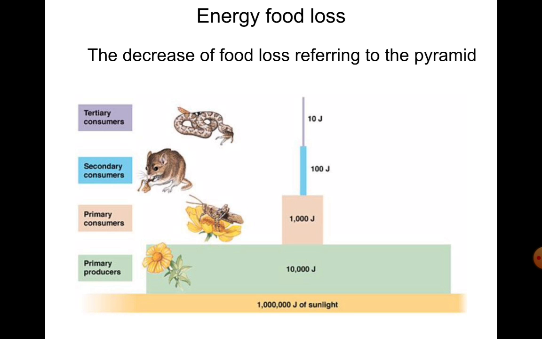So you can imagine when we move up to the top, there are fewer organisms. Okay, and the top animals are very vulnerable because they depend on the secondary consumers, and they again depend on the primary consumers. So if there is a breakage in the link, it means that the tertiary consumers are the first ones that are going to vanish.